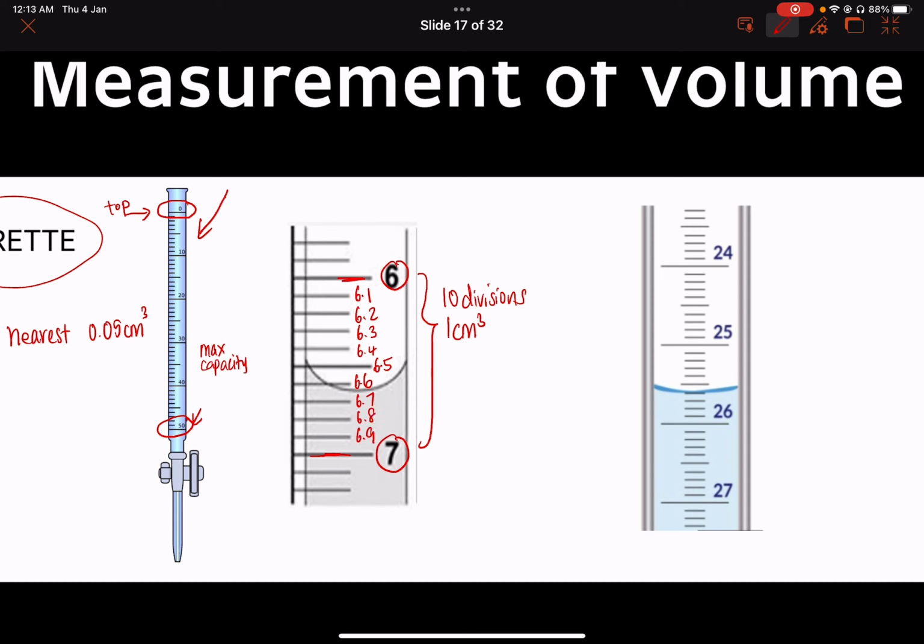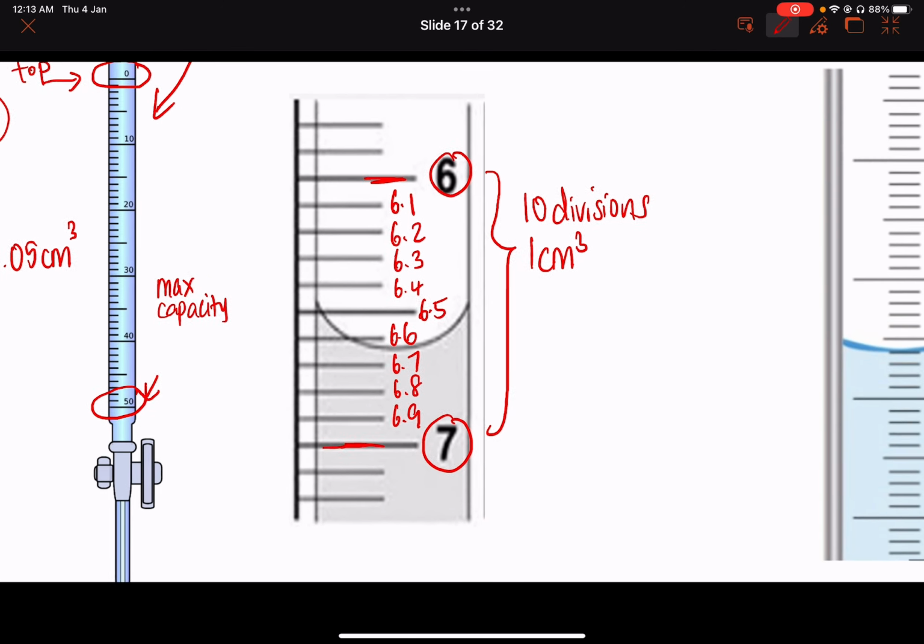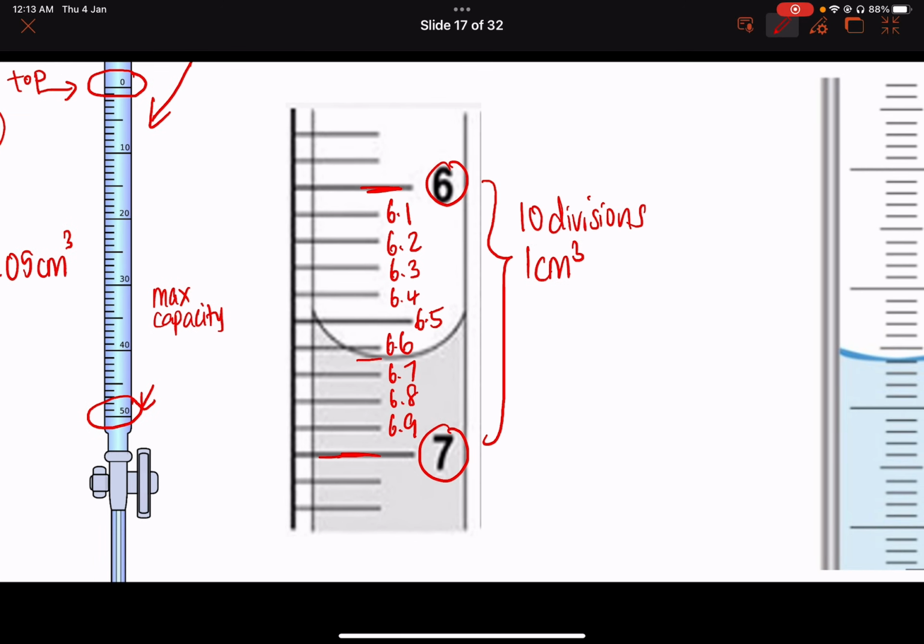Do you agree you are able to read midway of the 0.1 cm cube? That is the reason why I say the accuracy is 0.05 cm cube. I'm able to read midway of 0.1. So this value that you are seeing right now I would say is closest to 6.65 cm cube, because it is very close to this middle line over here. That's how we read it.